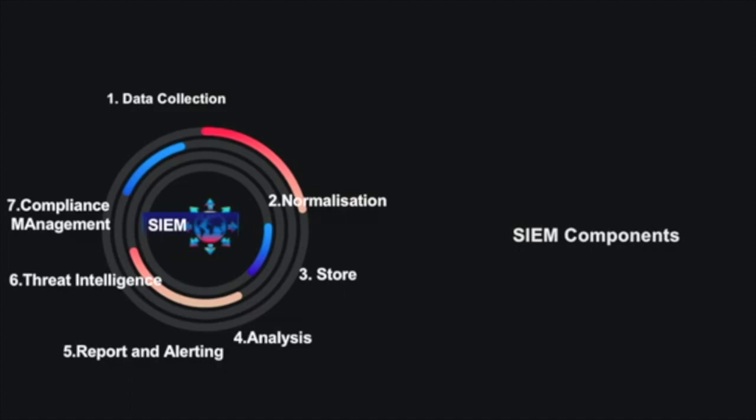Now in the fourth topic, we are going to cover data analysis. The stored security data is analyzed using algorithms and correlation engines to identify potential security threats. This involves comparing the data against known patterns of behavior and rules to detect anomalous activity and potential security breaches.